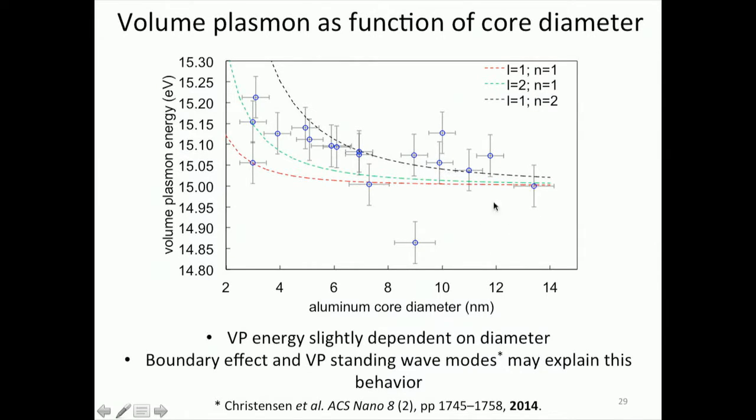Here, I simulated the 3 lowest order modes of the volume plasmons, and we see a relatively good agreement. One thing that this suggests is that in these aluminum nanoparticles and nanocylinders, we may have excitation of only low order volume plasmon modes. So this is an interesting result.